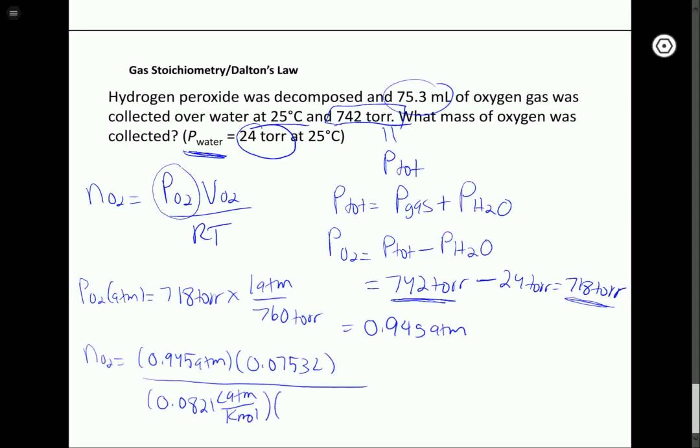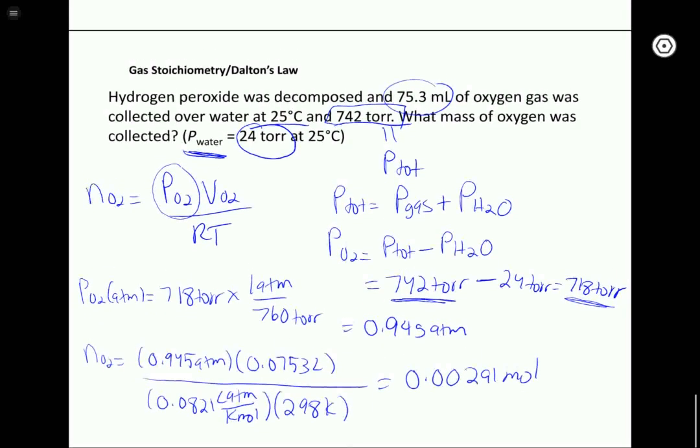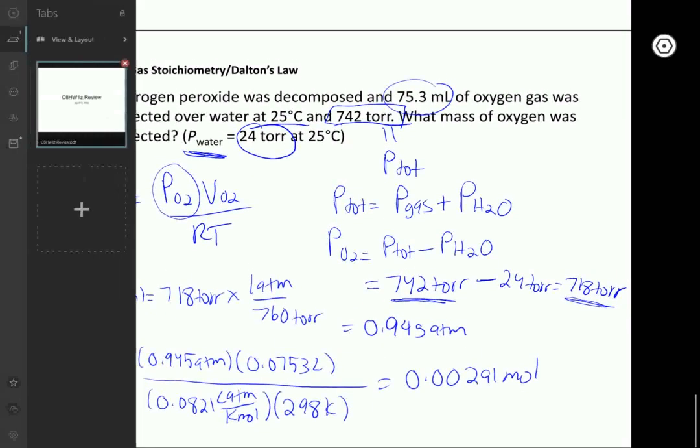And then the temperature is 25 Celsius, which is 298 Kelvin. So the number of moles of O2 that we have is 0.00291 moles. And then finally we need to find the mass of O2.